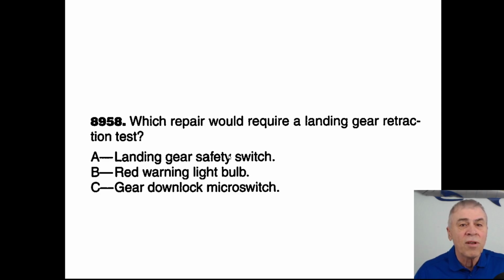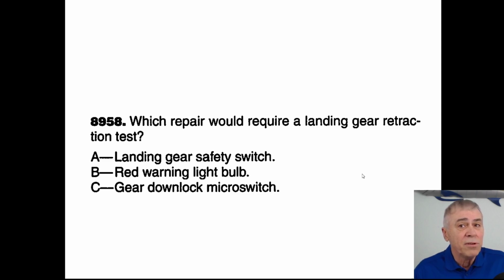The landing gear safety switch, which is kind of known as the squat switch, senses a different position of the landing gear. That is not the switch that would determine this. You'd probably have to do a test if you're going to work on that switch also.